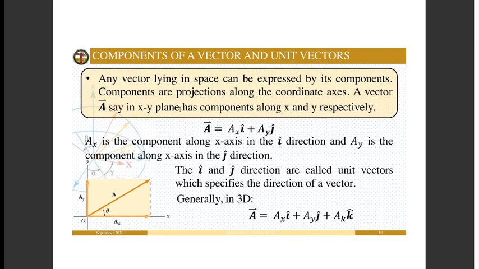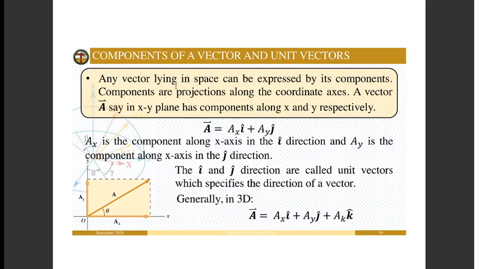So we have here Ax is the component along the x-axis in the i hat direction. So the i hat direction represents the x-axis if your vector is lying on the x-axis. Now your Ay is the component along, not the x-axis, this is the y-axis, in the j hat direction. So j hat direction represents the y-axis direction. So these are called unit vectors. I will talk about that later.